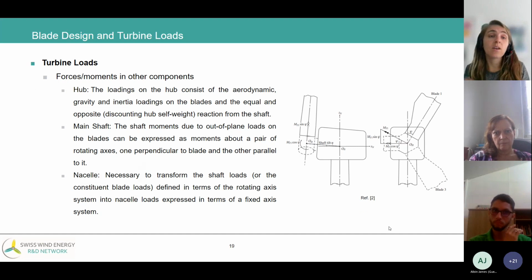And then the forces on the other components will be dependent on the blade and on the tower.